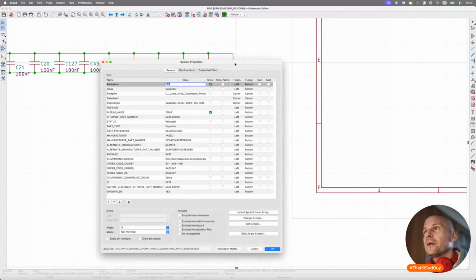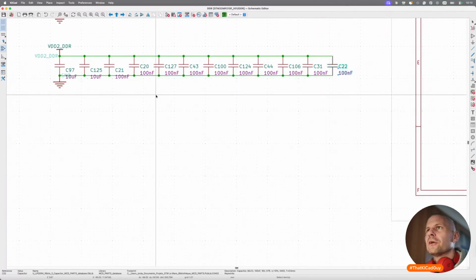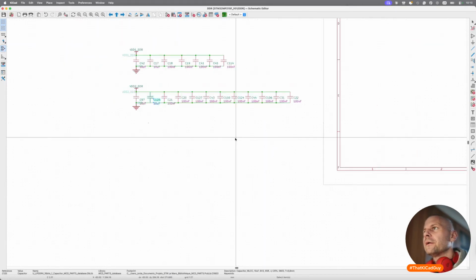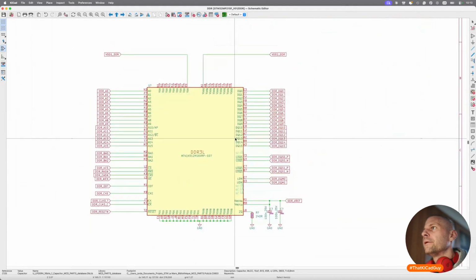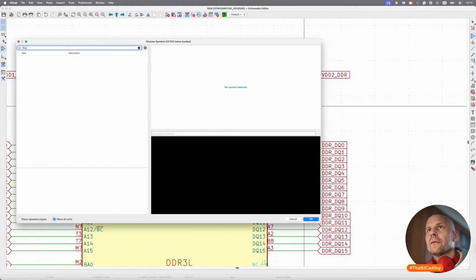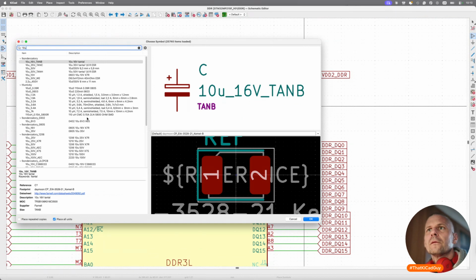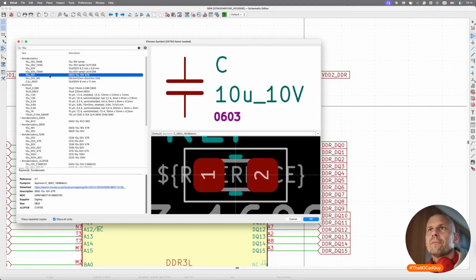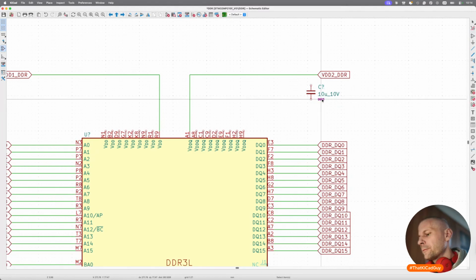Can we see the package? 0402, yes, and the bigger one 0603. Okay, makes sense. So 10 micro, X7R can be. Yes, all parameters are there.